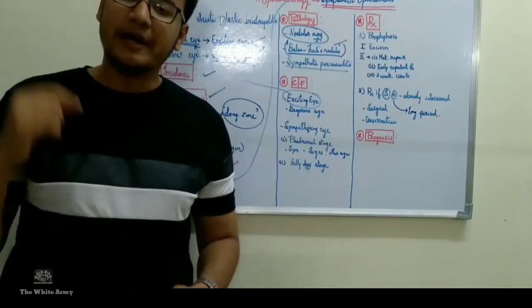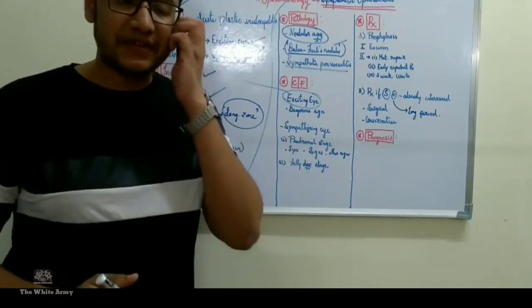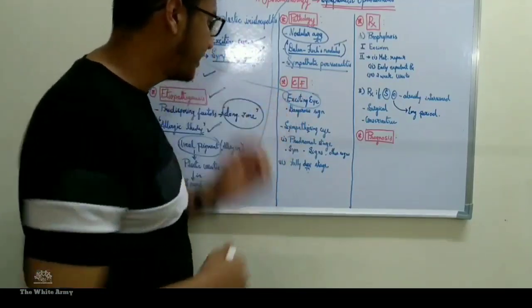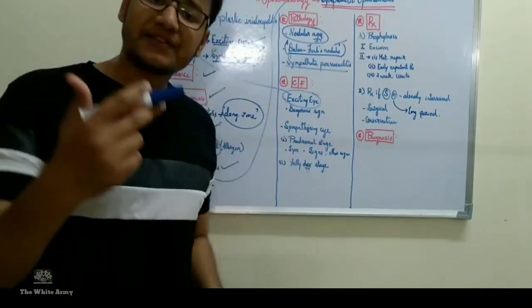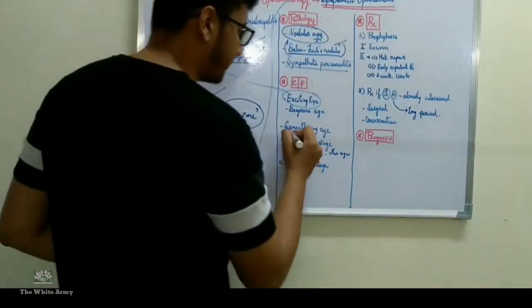Another important clinical feature is lacrimation in the injured, exciting eye. Next, we will study the clinical features of the sympathizing eye.